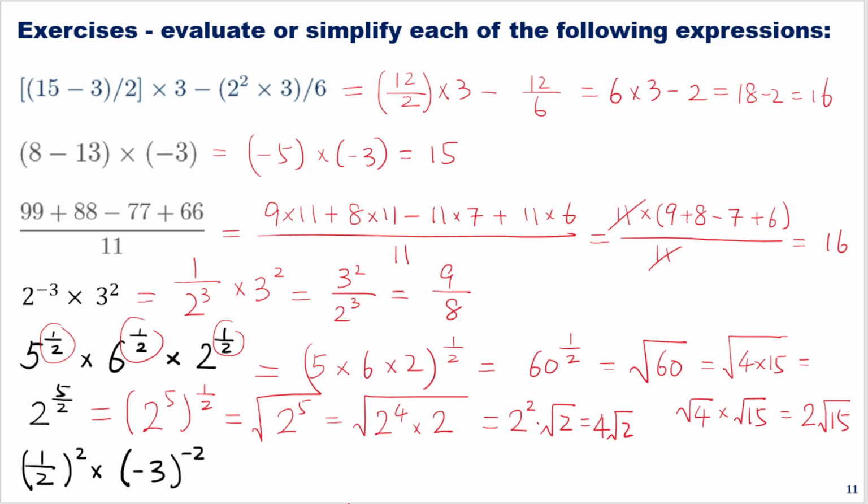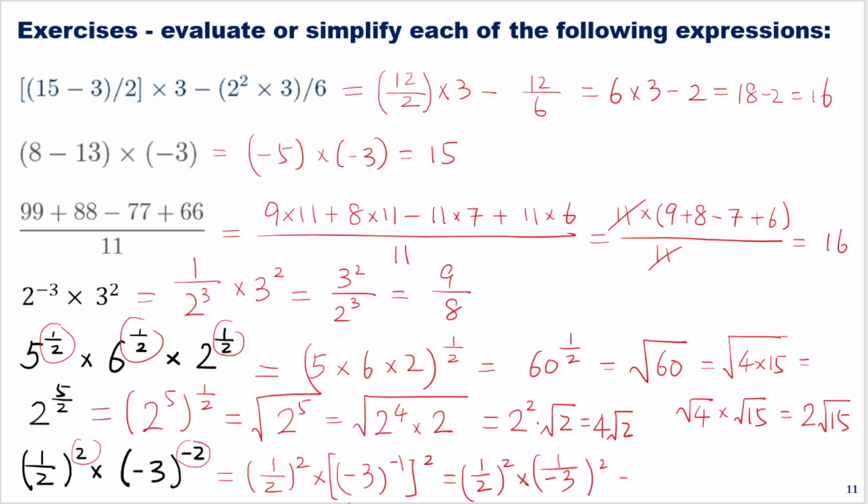And last one, note that we have, well, these two numbers seem to be different, but actually we can convert that to 1 over 2 to the power of 2 times negative 3 to the power of negative 1 first, then to the power of 2, right? So this gives us 1 over 2 to the power of 2 times negative 3 to the power of negative 1 gives us negative 3, the reciprocal of negative 3, right?